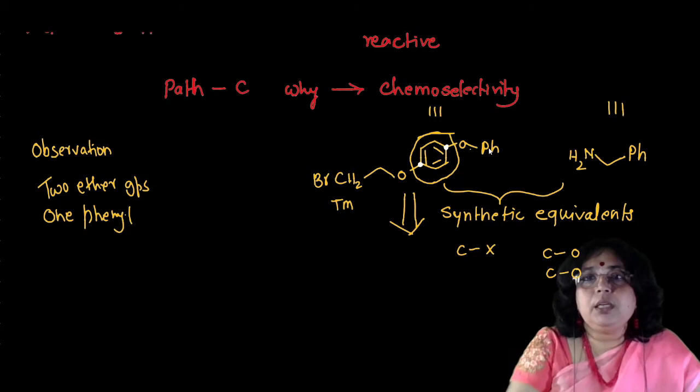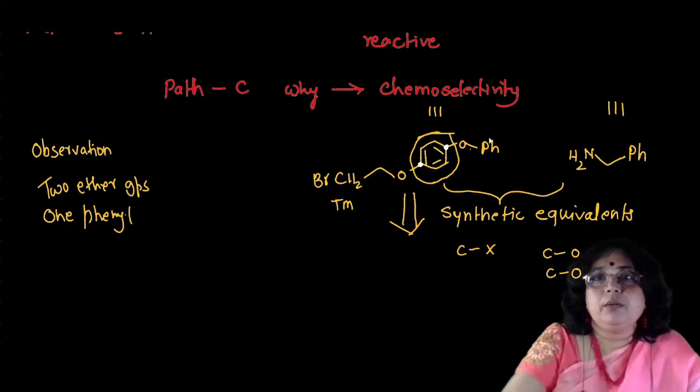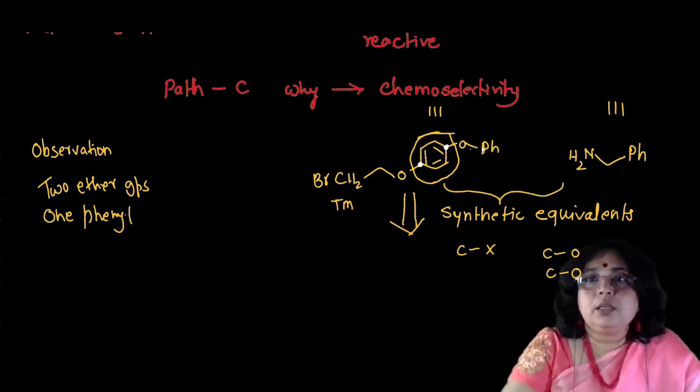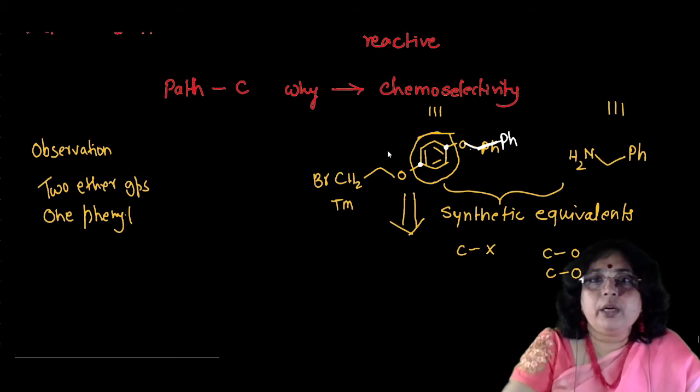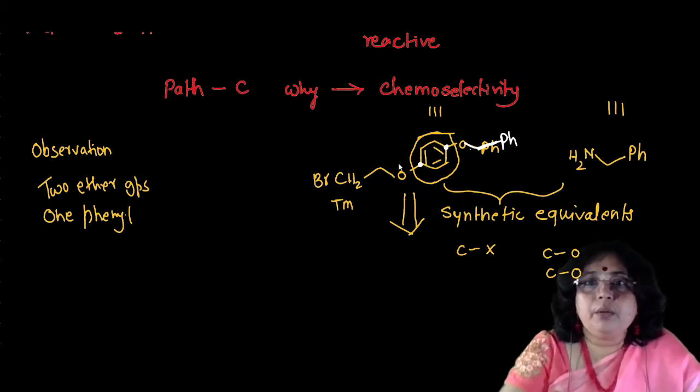Now let us see the other option over here. So this is a CH2 and phenyl ring. Let us refer to the molecule. And where do I put the cut? Whether I put the cut over here or over here.